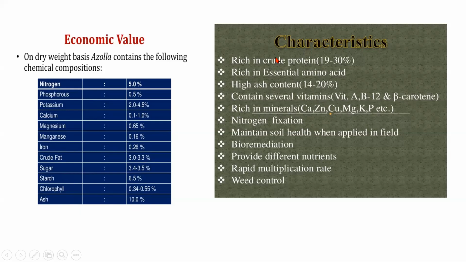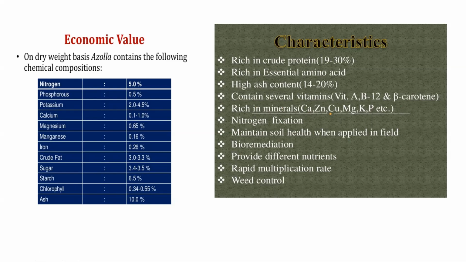And it is rich in crude protein, definitely, because of the nitrogen inside the azolla fern, which is in the form of proteins. It is rich in essential amino acids, high in ash content, contains several vitamins, and is rich in both macro and micro minerals.